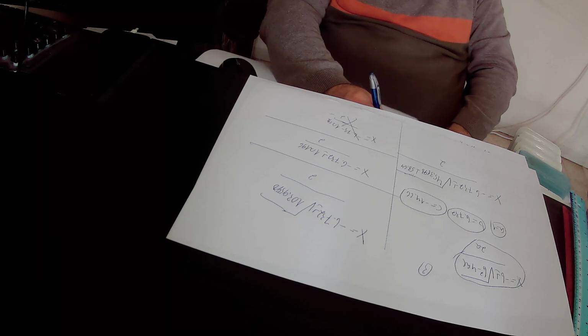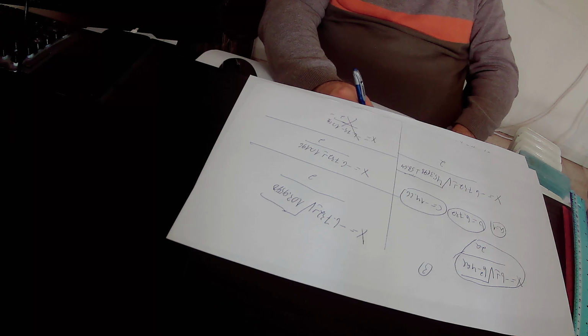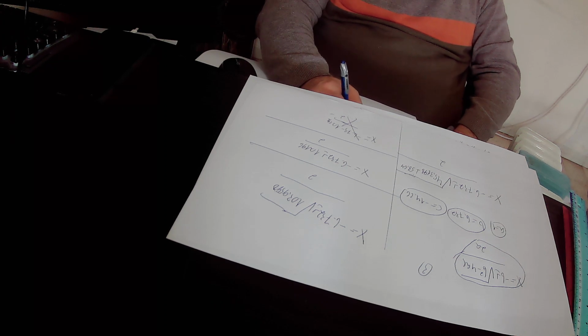X actually equals minus 6.732 plus 10.196 divided by 2.